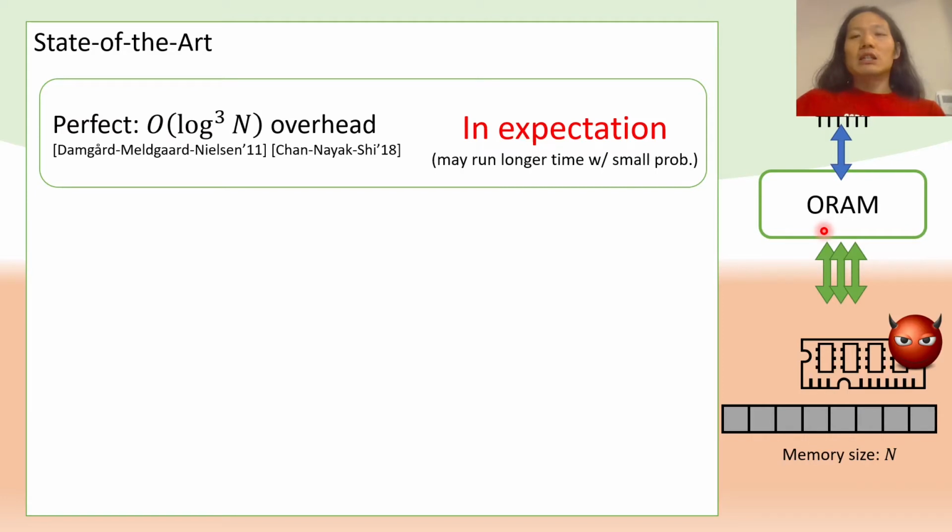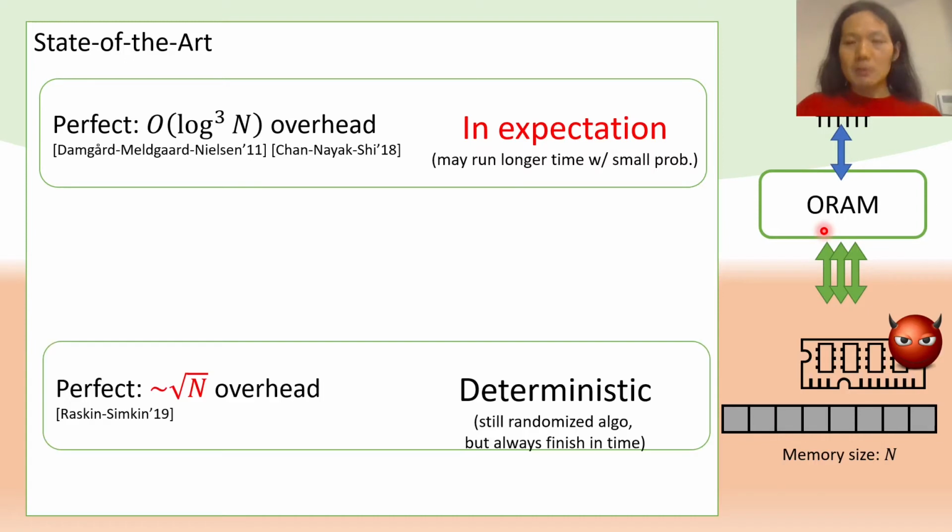Still, the expected running time is less preferable, because then other protocols using such perfect ORAM inherit the expected running time. So Raskin and Simkin constructed the first perfect ORAM with a deterministic time bound to address this issue.